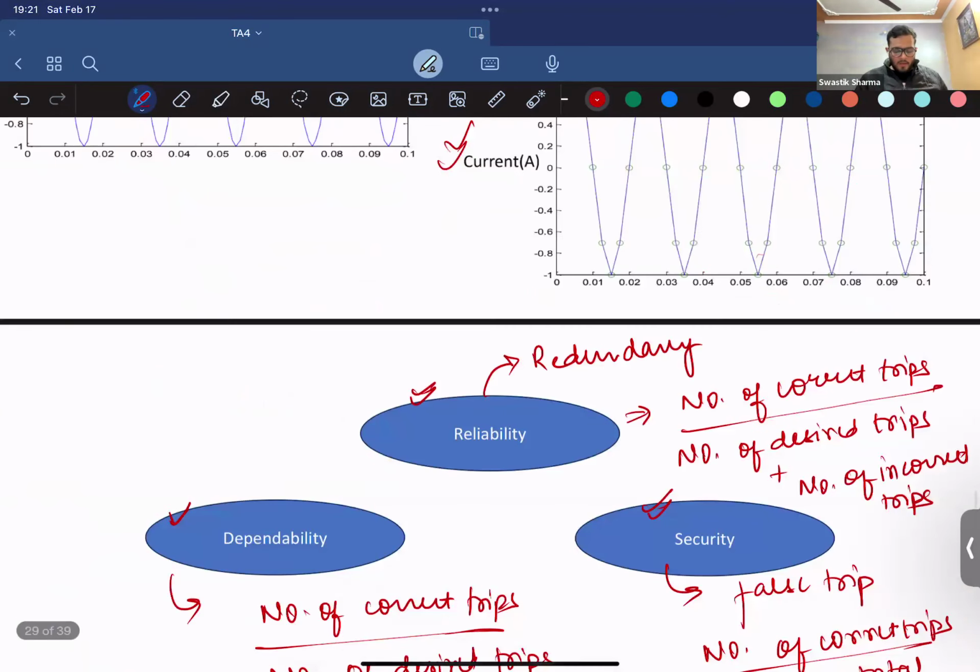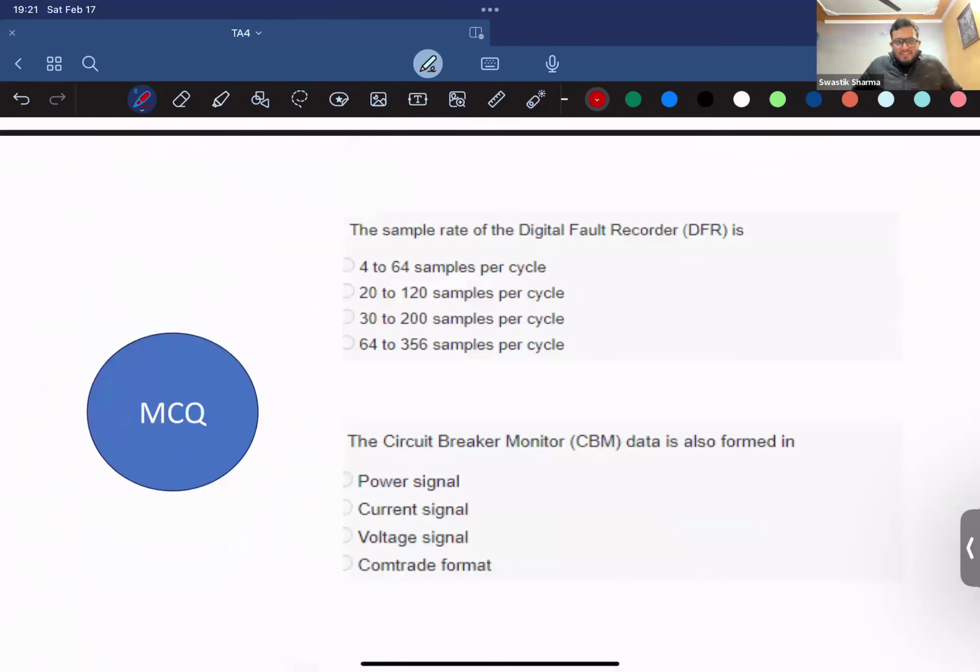Okay, so the first question is a database question. It's taken from the first lecture of this week. Can anyone tell me, if anyone followed the lecture of this week, what is the sample rate of a digital fault recorder? Since I didn't cover it today, the answer is 64 to 256 samples per cycle.